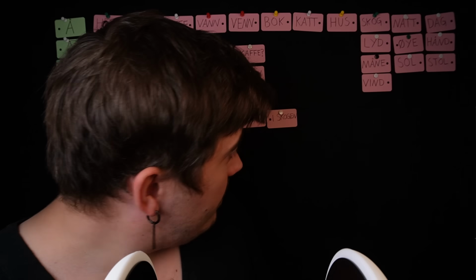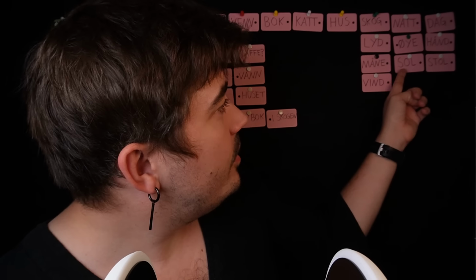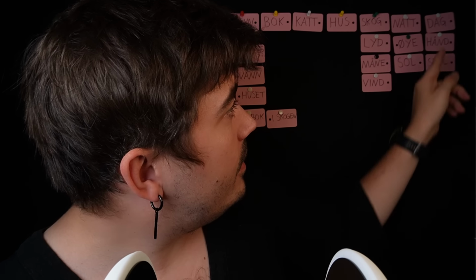Now to finish off, we have 1, 2, 3 sentences. So we can place it, maybe it looks better right here. We're going with the sun first, and the word for day. So, sol and dag, day.